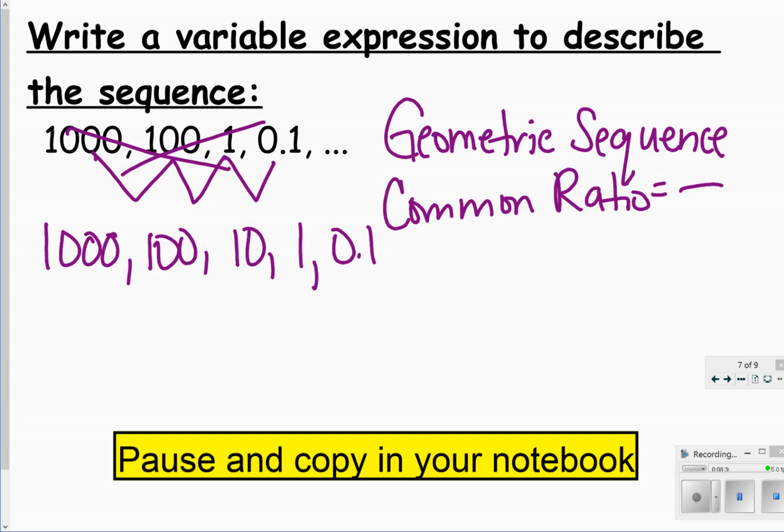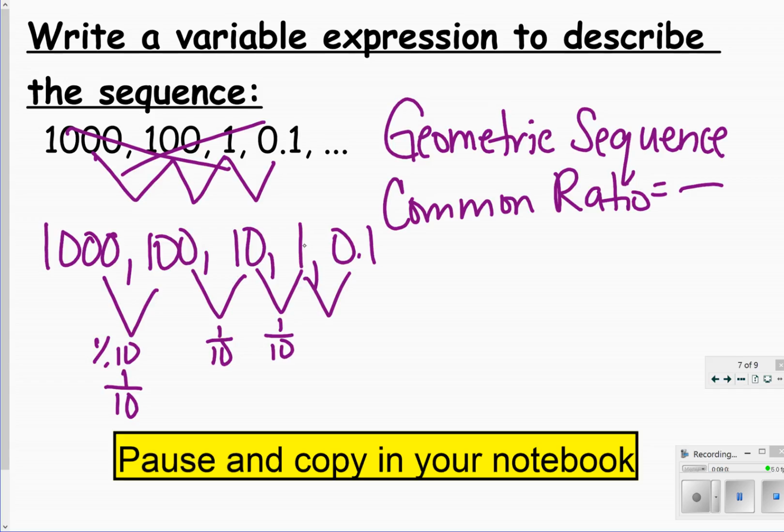That was very interesting. All right, so now let's see. This time it might be a little bit easier to see where the pattern is. Here we go. Yes, if you guess that we are dividing by 10, then the ratio is actually going to be 1 over 10. So 100 divided by 10 gave me 10. 10 divided by 10 gave me 1.